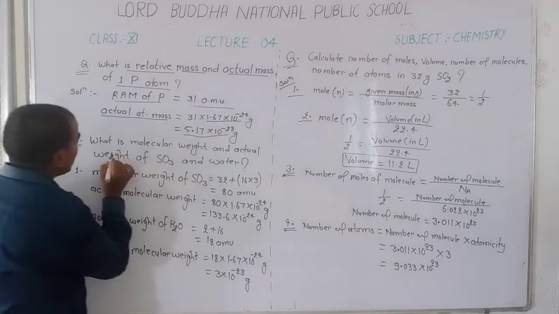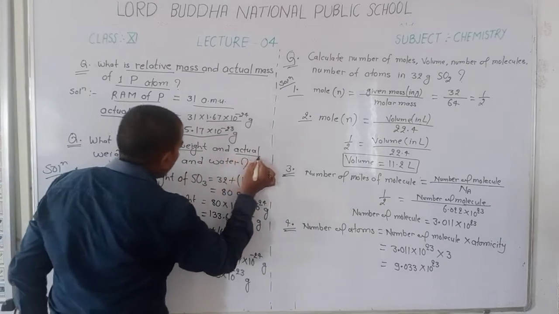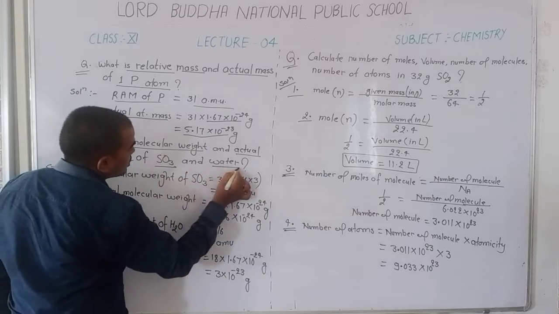question: what is the molecular weight and actual weight of sulfur trioxide and water?